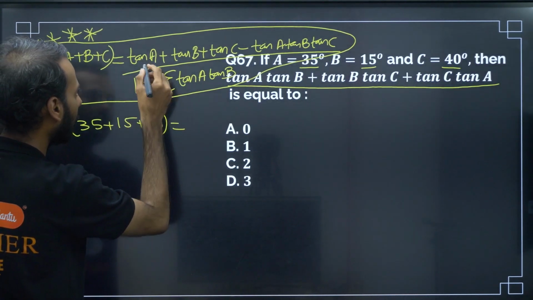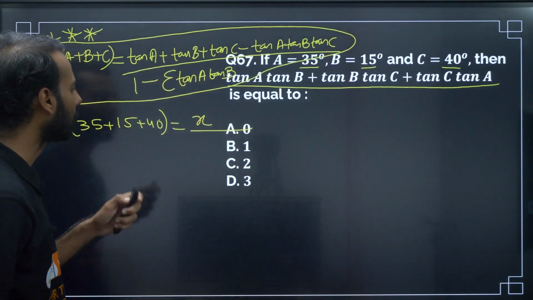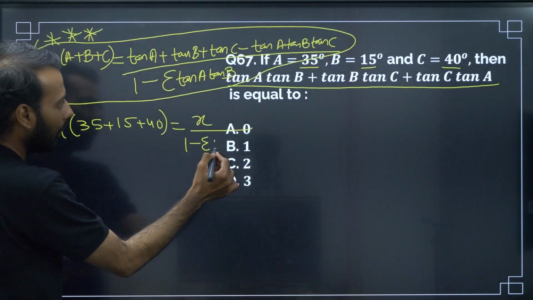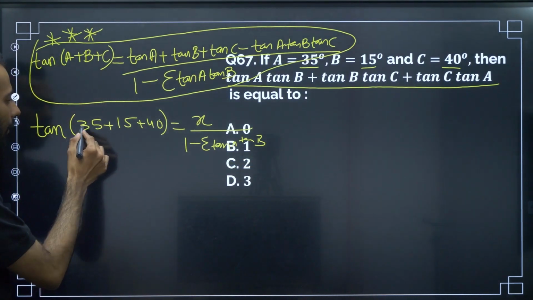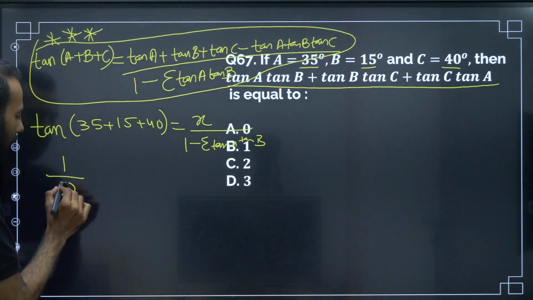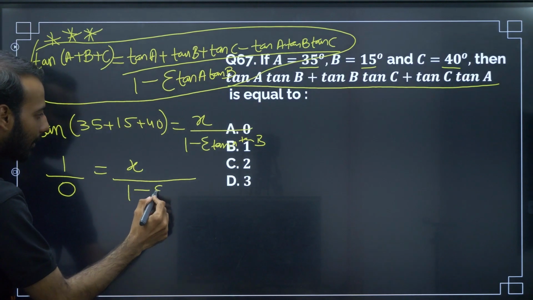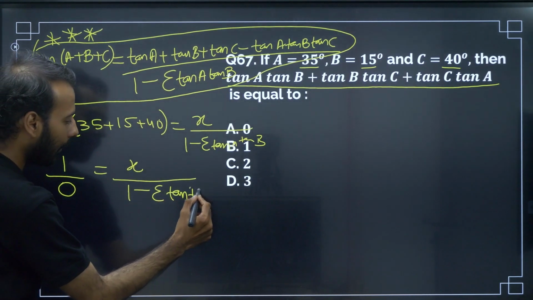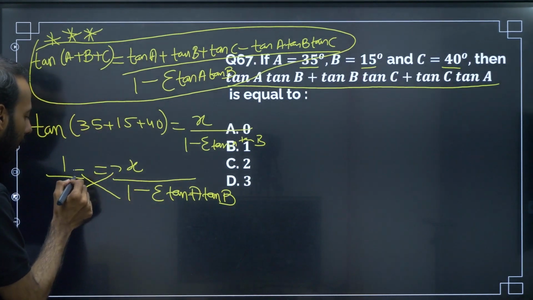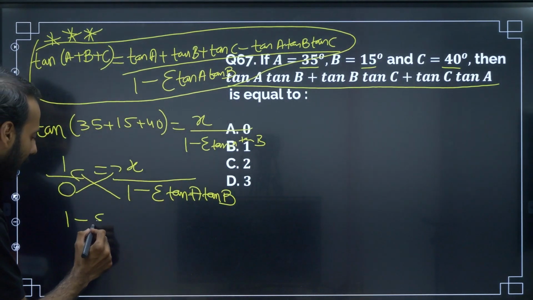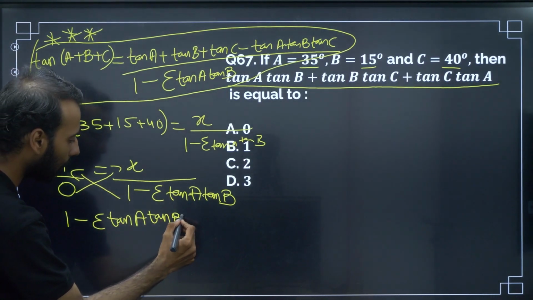So I have placed it here, and for some expression, we are not interested in that expression, so let me write that x. Why we are not interested, eventually you will understand. Same, I am considering tan A, tan B. Tan 35 plus, this is 1 by 0. 1 by 0 is x divided by whatever that expression, minus summation tan A tan B. So if I transpose this 0 here and this expression here, 1 minus summation of tan A tan B is equal to 0.